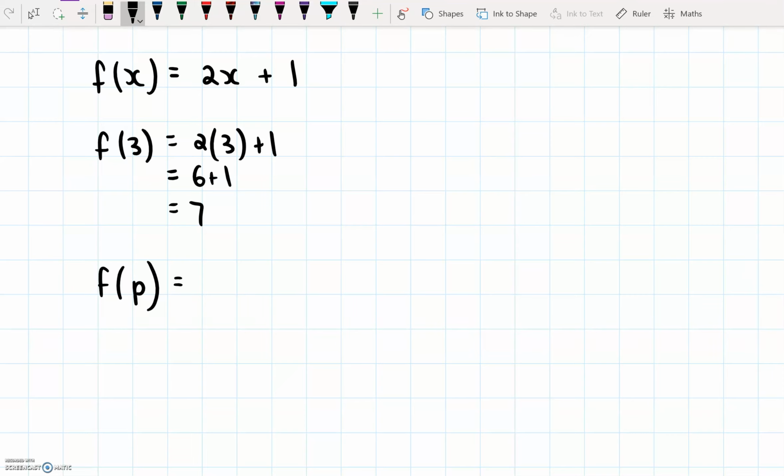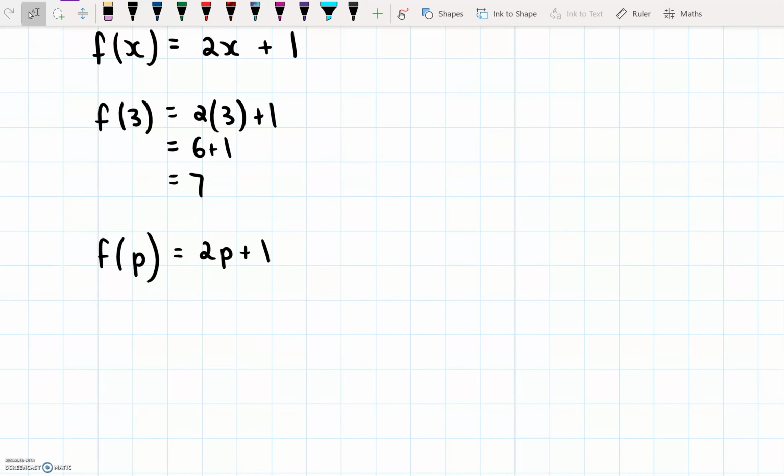And then in that case, we're going to get 2p plus 1. So p just replaces the x. That's it. Okay, we might also have a slightly harder situation where we have the f of p plus 3. And that means that instead of writing x, so instead of putting an x up here and up here, we're going to put that p plus 3 in.